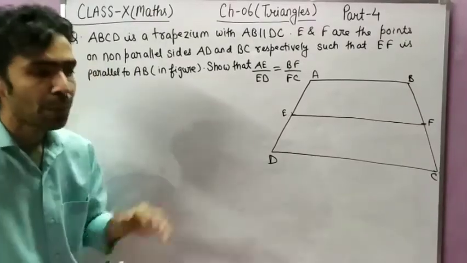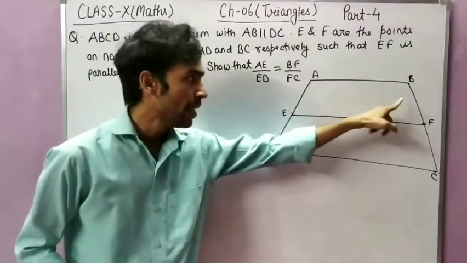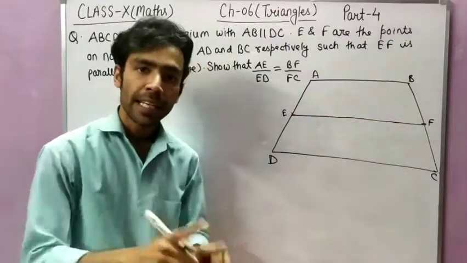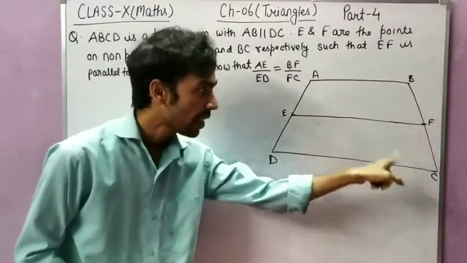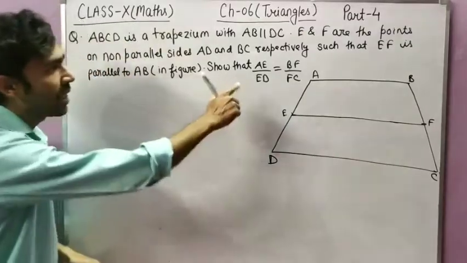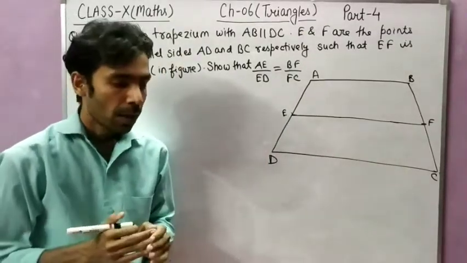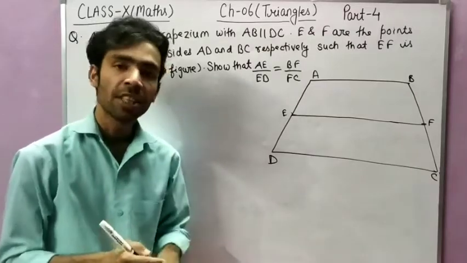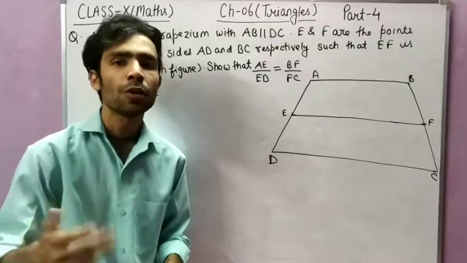So the question is that ABCD is a trapezium in which AB is parallel to DC. E and F are the points on the non-parallel sides AD and BC, and EF is parallel to AB. Then prove that AE upon ED equal to BF upon FC. Now students, you have studied two theorems: one is Thales theorem and the second is the converse of Thales theorem. Which theorem are we going to apply?